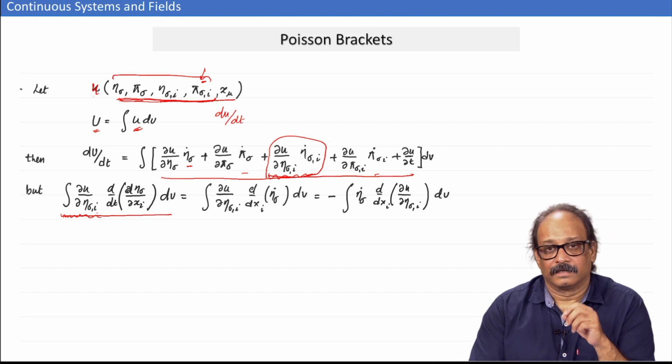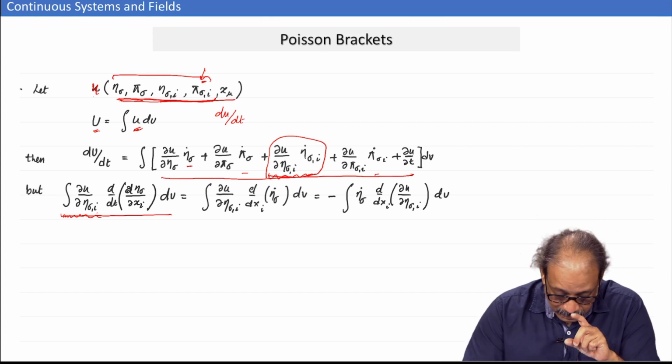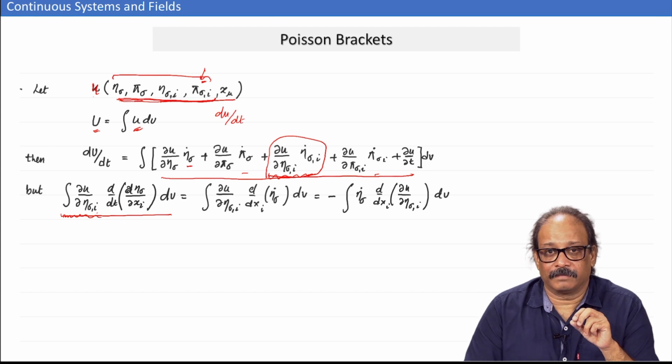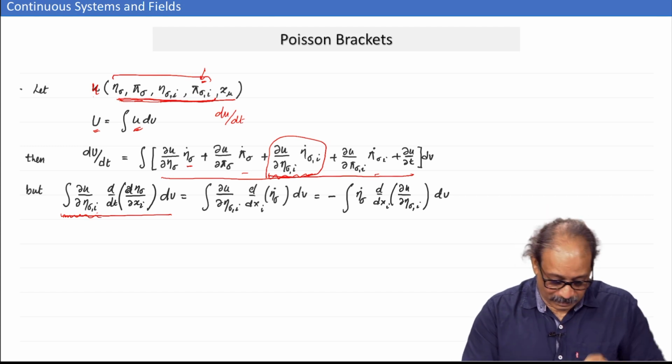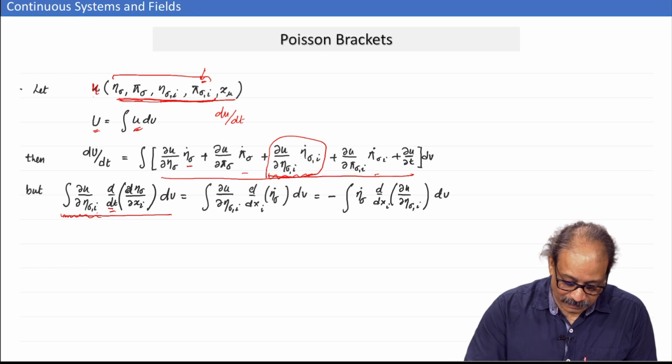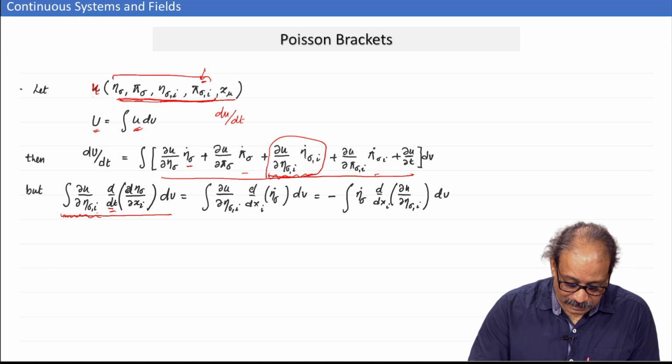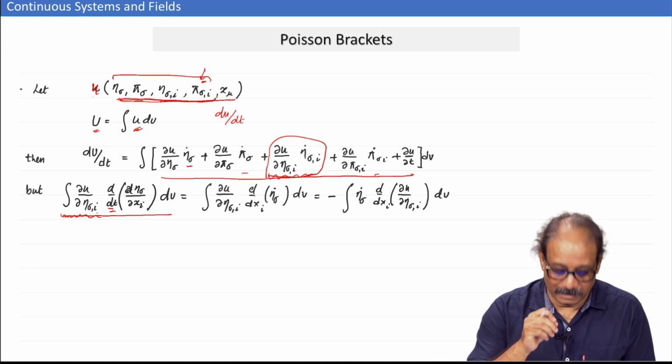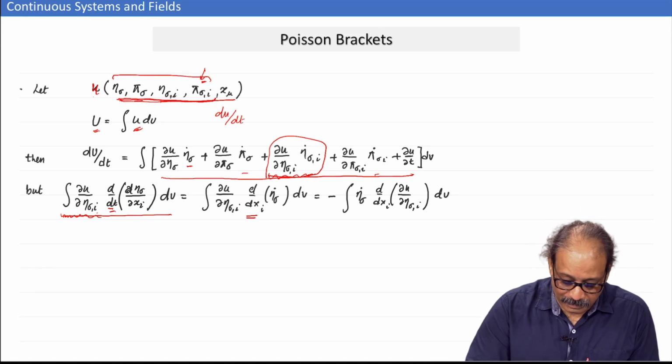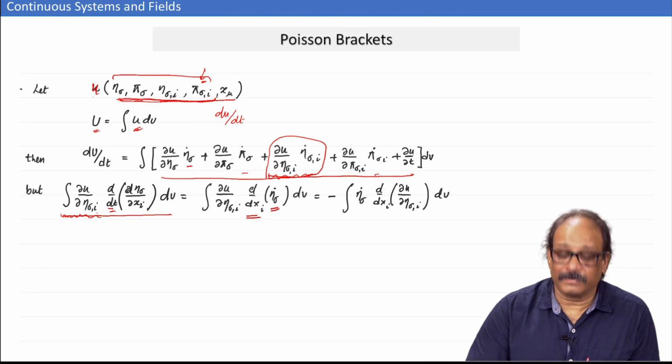Okay. Do integration by parts. What happens when you do integration by parts? The derivative d by dt will shift to the other variable. So, I am actually going to interchange d by dt and d by dx. So, first it will be derivative with respect to x and then the derivative with respect to time.